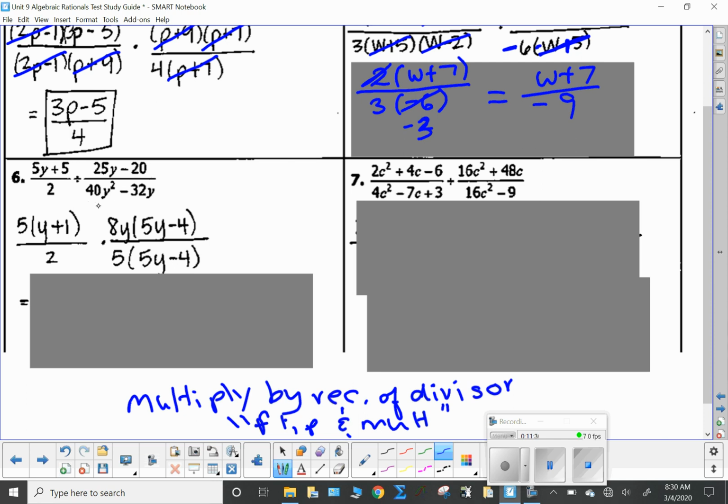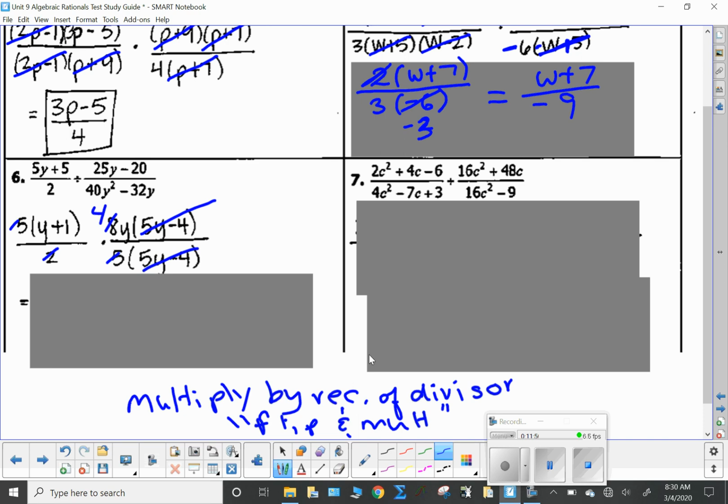So now this is 40y squared minus 32y. I take an 8y out, 5y minus 4. In the top, I can take a 5 out, and I get 5 times 5y minus 4. Now, it's the same thing that we've been doing. The 5 cancels with the 5, the 2, and I can get a 4 there.